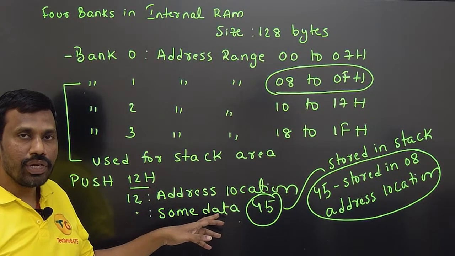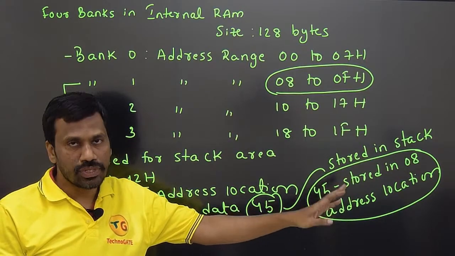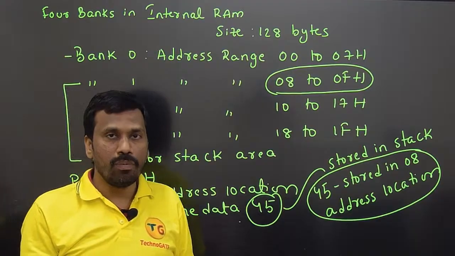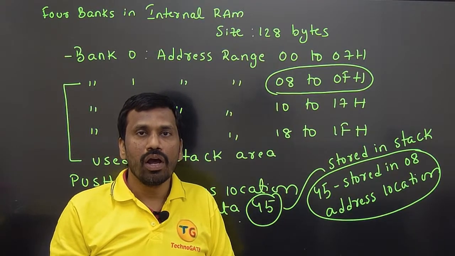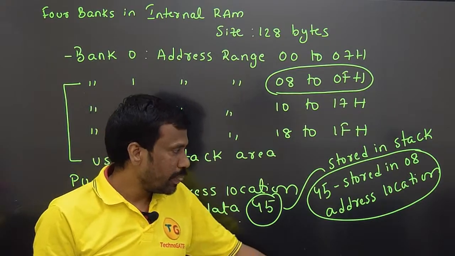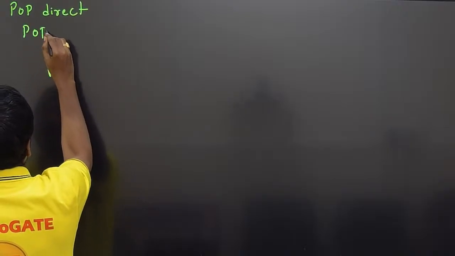The address location contains 45. That 45 is stored in the 08 address of the stack. So this is push. And now pop. So pop is quite opposite. Push and pop are quite opposite. Push means insert and pop means delete. So here what happens now? Pop direct. Pop 12.